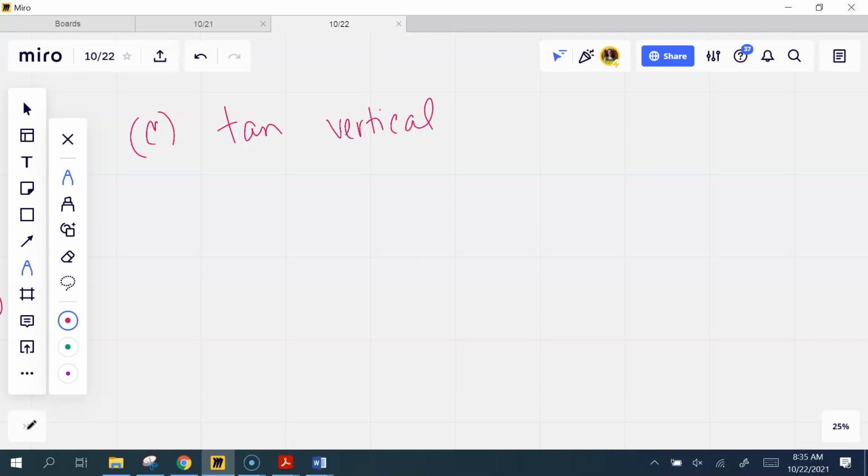It is the denominator. The horizontal asymptotes are top heavy, bottom heavy, same. When 0 is on the bottom, it's undefined. That's a vertical asymptote.